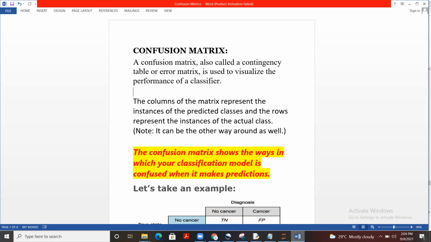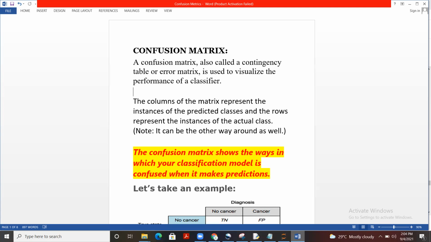Why do we use it? Because we just want to evaluate how many times our model was confused when it was making predictions. It helps us to evaluate and to further reduce the errors in that model.